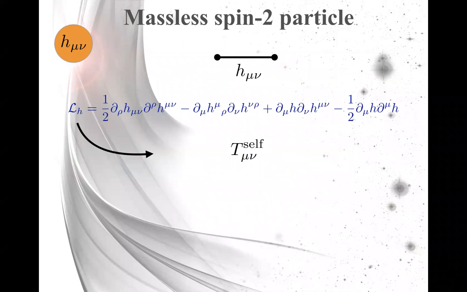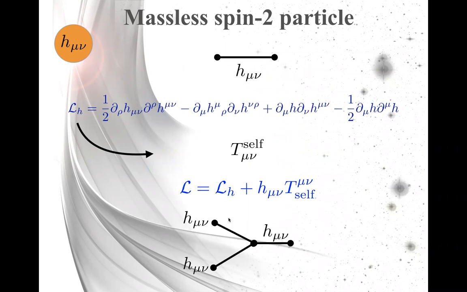So now you take this quadratic action and compute its own T_μν, and then couple it to itself. And then you add it to the new Lagrangian, which is the previous one, plus h_μν coupled to its own T_μν.